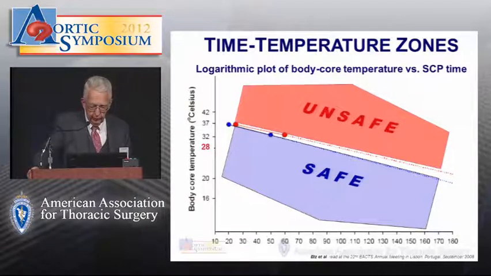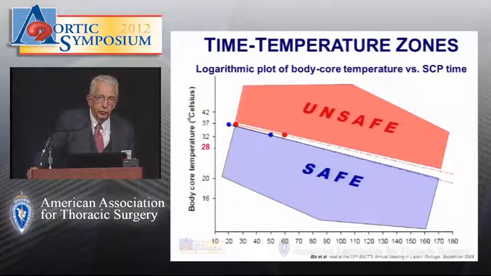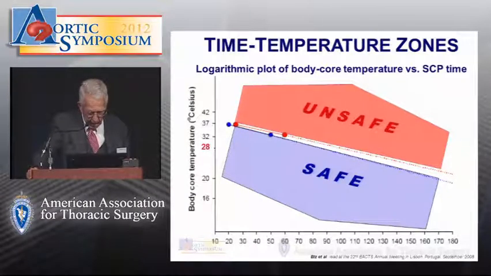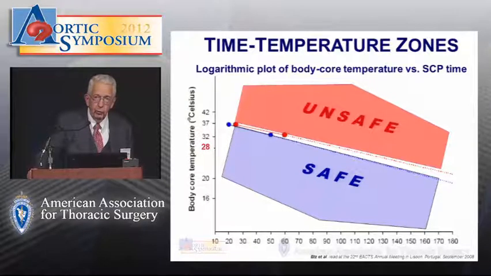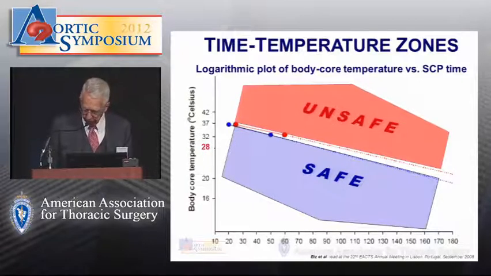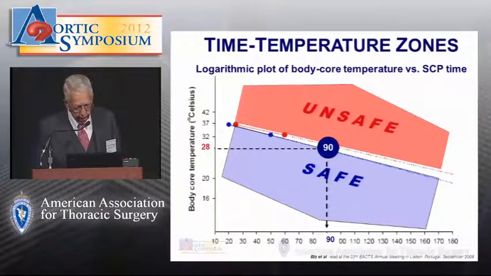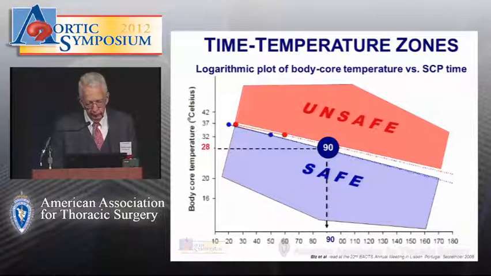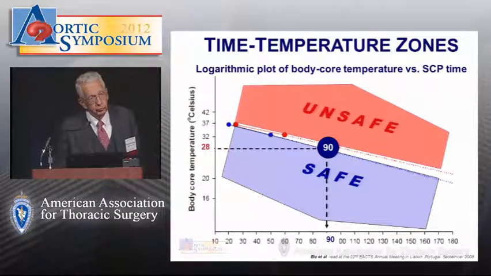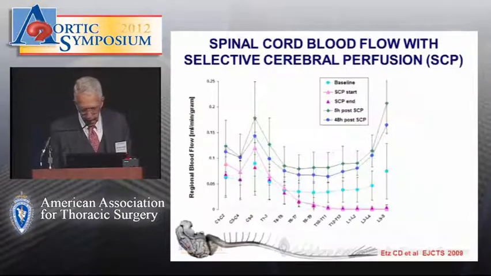And one would predict on this basis that, say, at 28 degrees or so, which we thought was interesting because that was a temperature that many had started to use for selective cerebral perfusion, it would be safe to go up to 90 and maybe even longer in terms of preserving spinal cord viability. However, you can see this 28 degrees, if one projects a line across here, one would still be in the safe area out at 90 minutes.